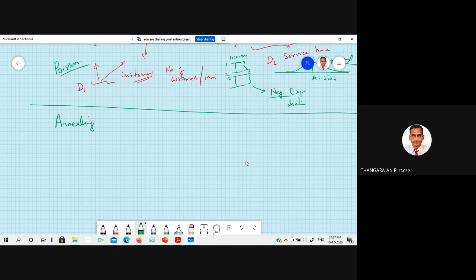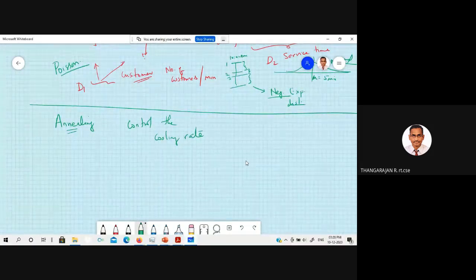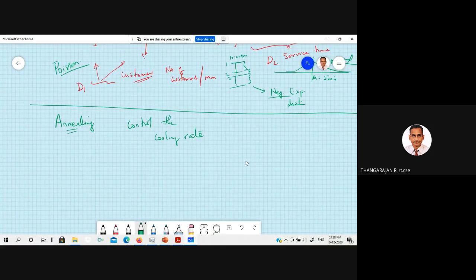Metals are brittle. To make the metal strong, you have to apply an annealing process. That means you have to control the rate of temperature, the cooling rate. After you have forged the metal into a wheel, you have to control the cooling rate.